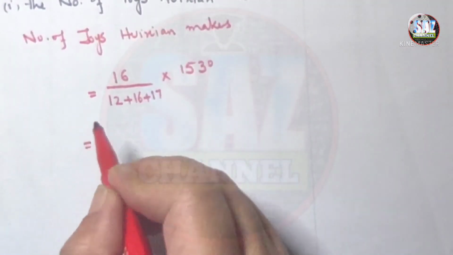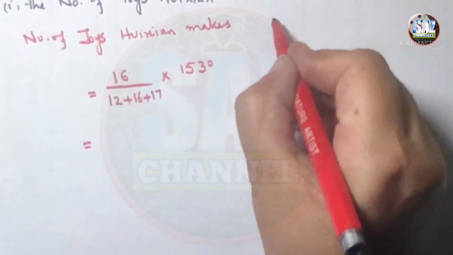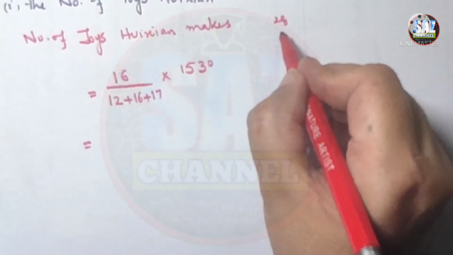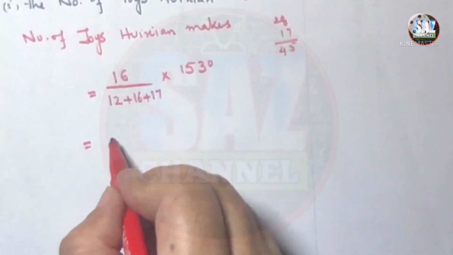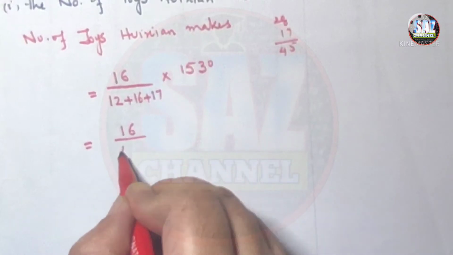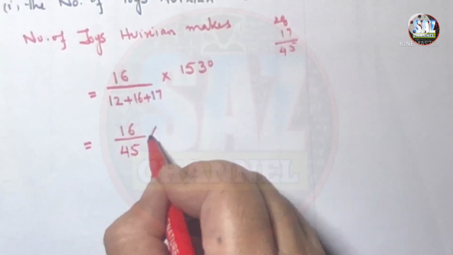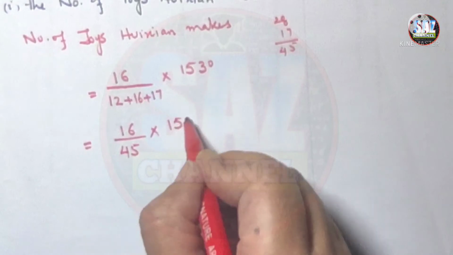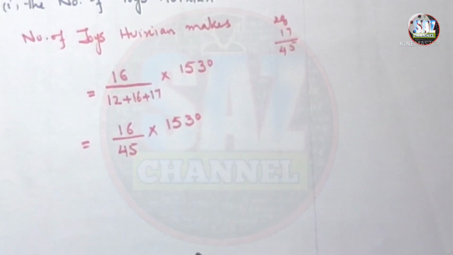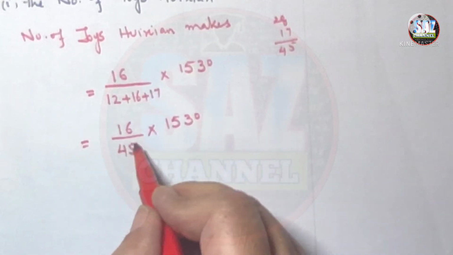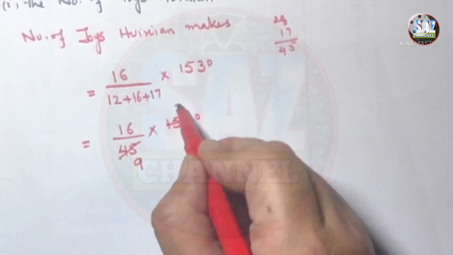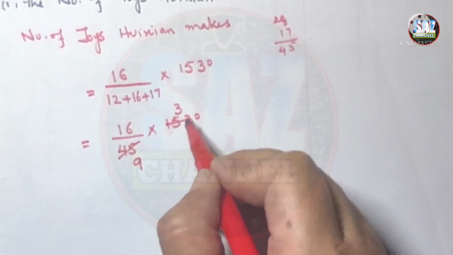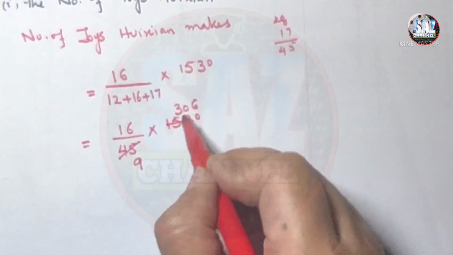Now 6 and 2 is 8, 28 plus 17, that is 45. So 16 upon 45 multiplied by 1530. Now, which table will be more suitable? Table of 5 will be more suitable. 5 9s are 45, 5 3s are 15, 5 3s are 15, 0 and 5 6 times.